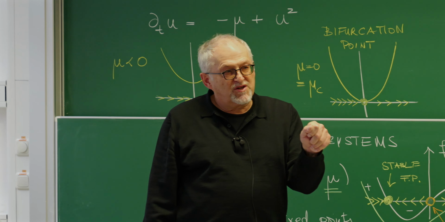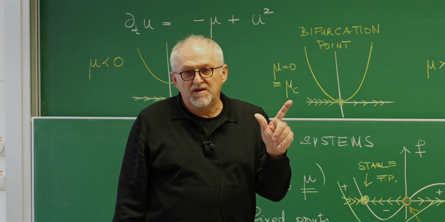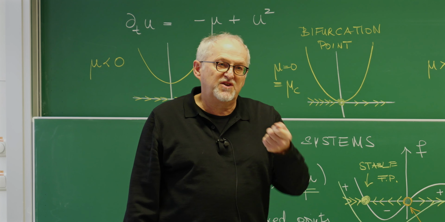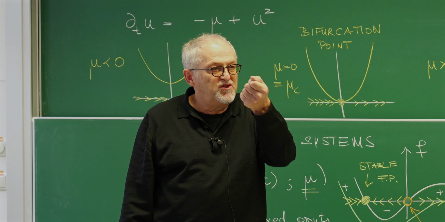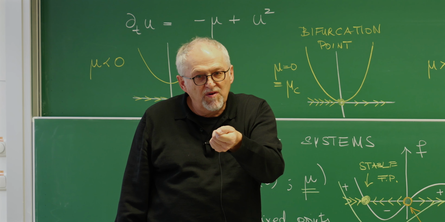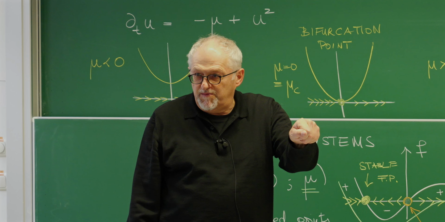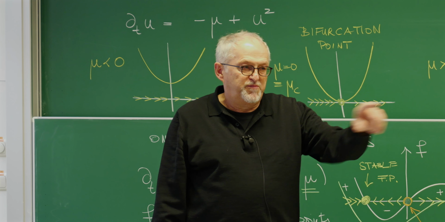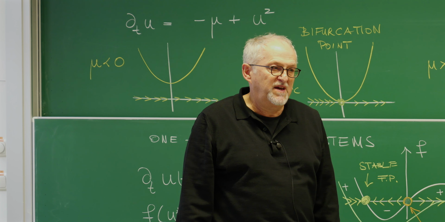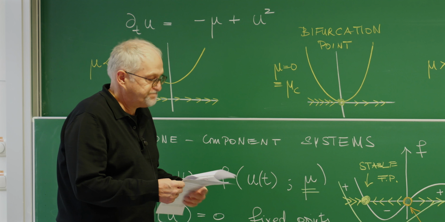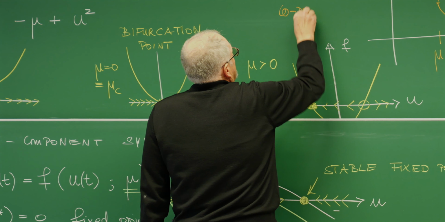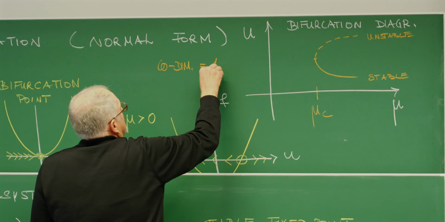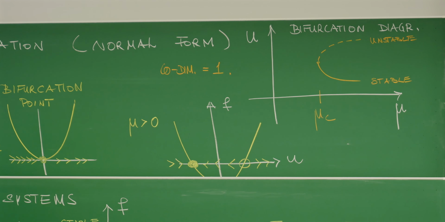Phase transitions are actually co-dimension 2 because physically you can change temperature and magnetic field. So you need to fine-tune the magnetic field to 0 and then change the temperature in order to see a proper phase transition into a magnetic state. Okay. So co-dimension is equal 1 here.